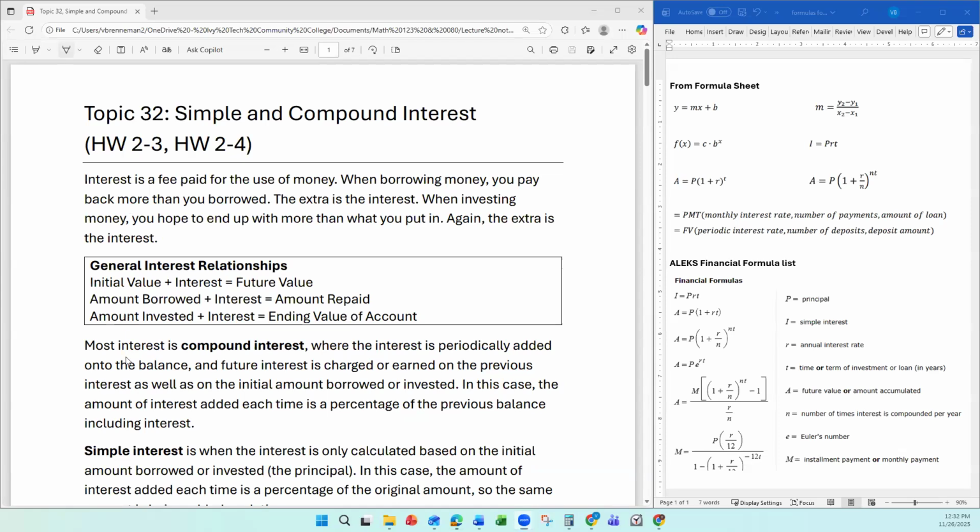Amount invested here means of your own money put in. So if I say somebody has an investment account and I ask, how much do you have invested, we might mean how much is your whole account worth currently? That would be the ending value.